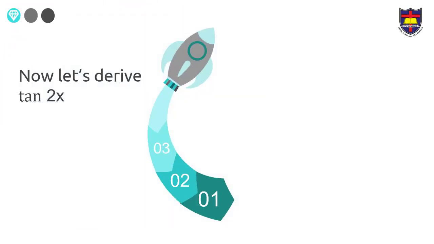So now we will derive the tangent 2x formula. First, we will use again the tangent of compound angle alpha plus beta, which is tangent alpha plus tangent beta over 1 minus tangent alpha times tangent beta.